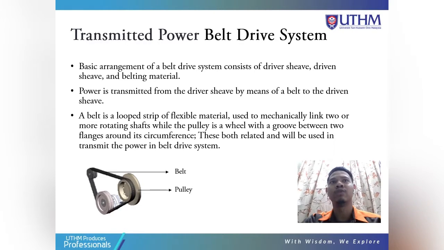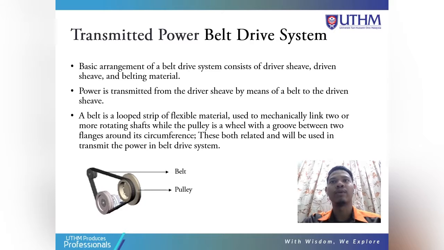A belt is a loop strip of flexible material used to mechanically link two or more rotating shafts, while the pulley is a wheel with a groove between two flanges around its circumference. These both will be used to transmit power in the belt driven system.